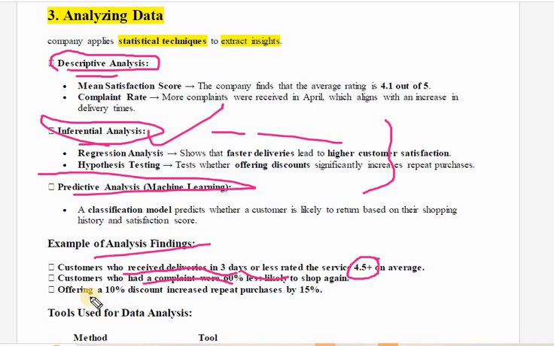And offering a 10% discount increased repeat purchases, since the company gave the discount and so the purchases increased. So in analyzing data, they follow this. They will do some analysis and bring some finalizing statements like this.